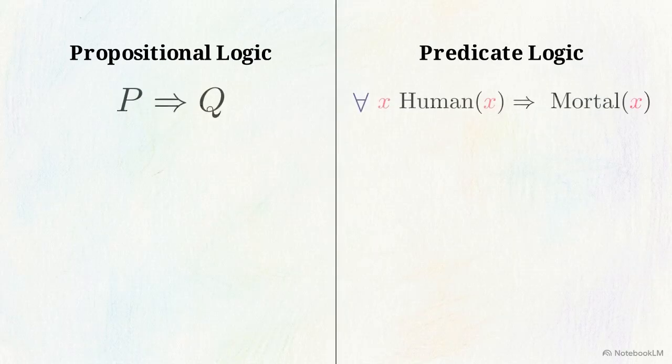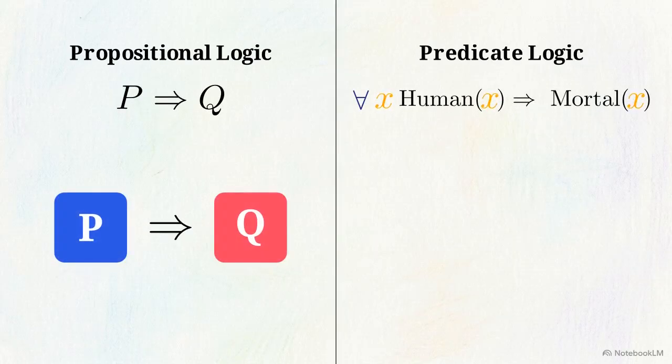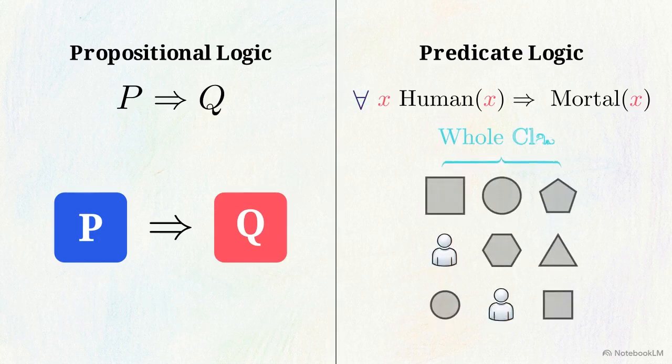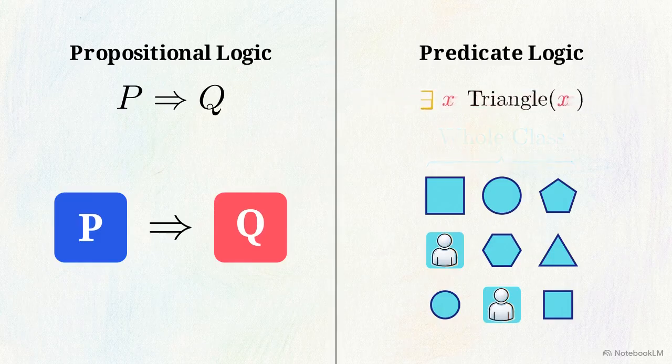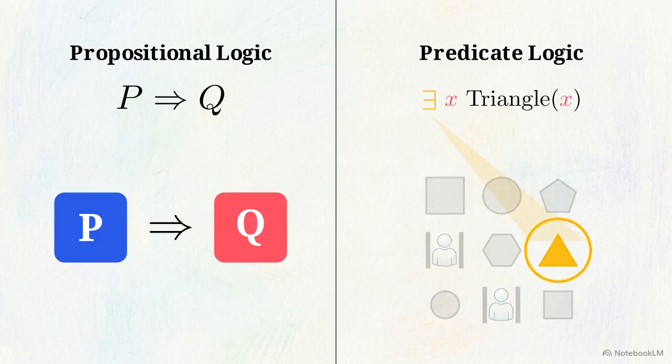Notice how the predicate formula on the right introduces specific variables instead of opaque symbols. It introduces the universal quantifier, the upside-down A, allowing the system to declare truths about entire classes of objects simultaneously. It also uses the existential quantifier, a backward E, to mathematically declare the presence of at least one specific instance of a property within a set.